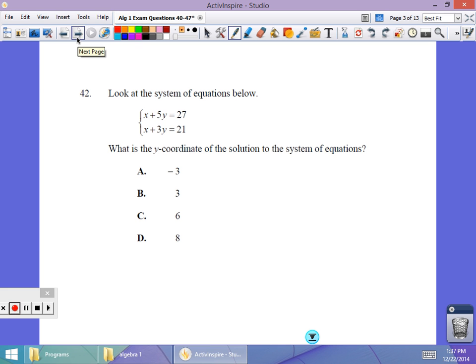Number 42, another system of equations. This time we're looking for the y-coordinate of the solution. I have x plus 5y equals 27 and x plus 3y equals 21. I'm going to solve this one using elimination.